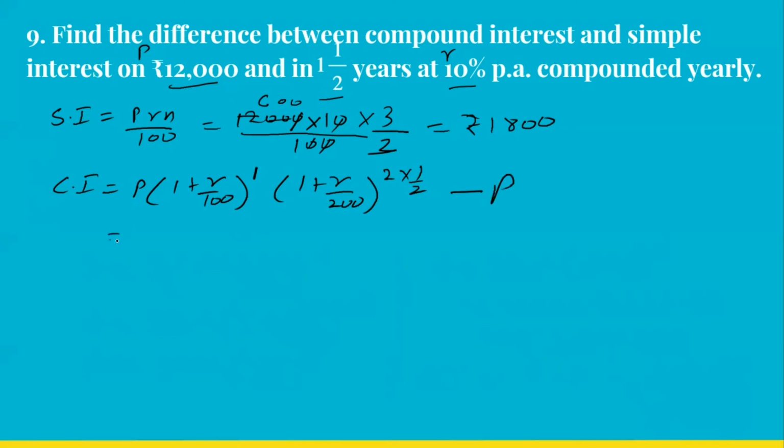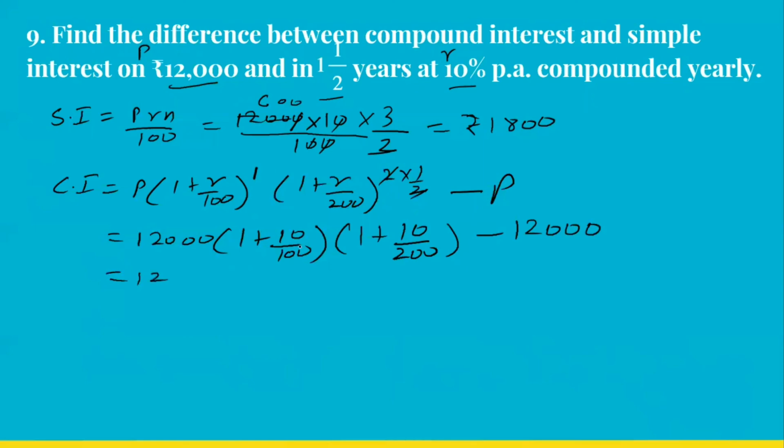So let us put the values. So P is 12,000 in bracket 1 plus R, which is 10 upon 100, into 1 plus R again 10 upon 200. This 2 and 2 got cancelled, minus 12,000.